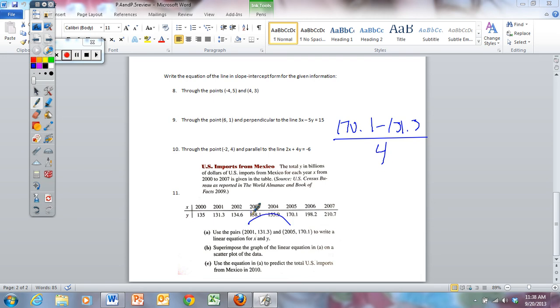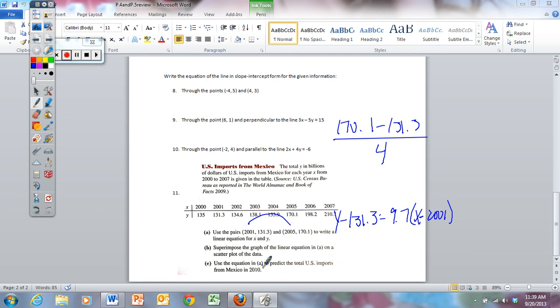That's 9.7. The linear equation would be y minus 131.3 equals 9.7 times x minus 2001. Superimpose onto the scatter plot and predict the US imports.